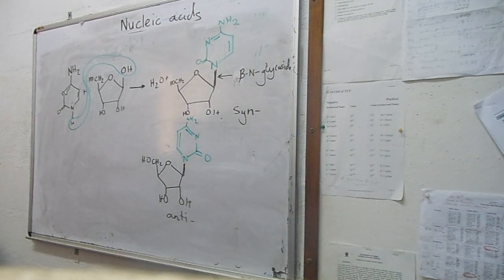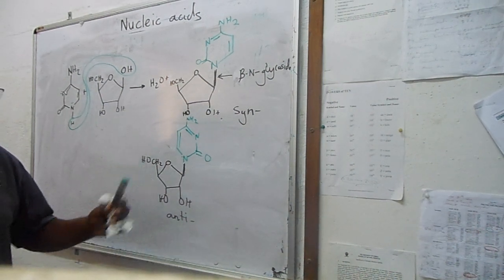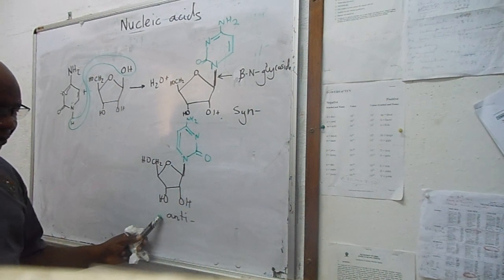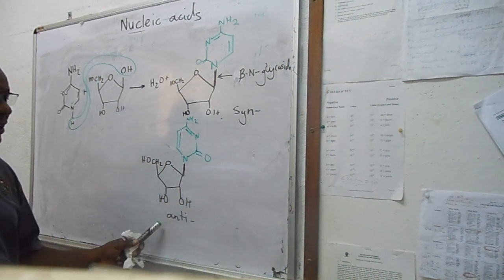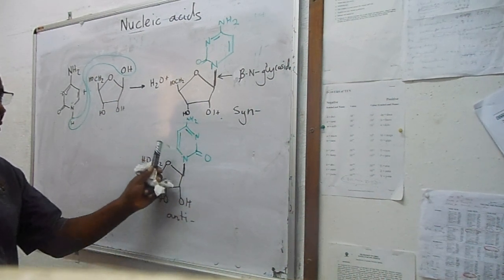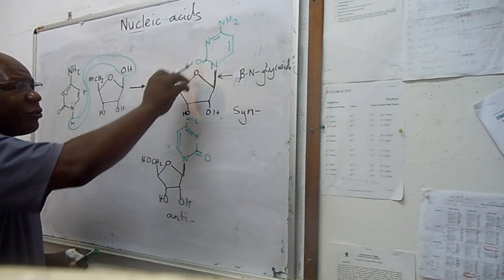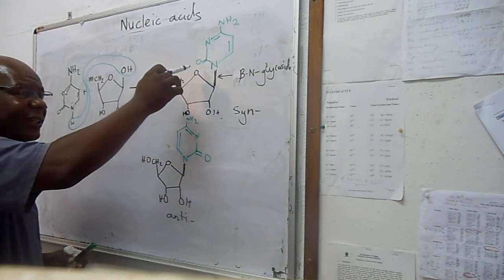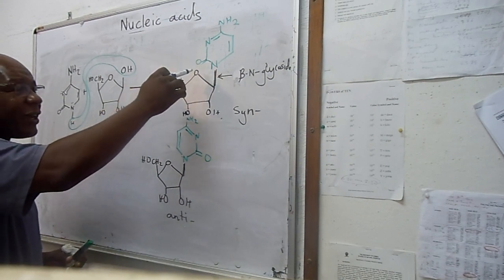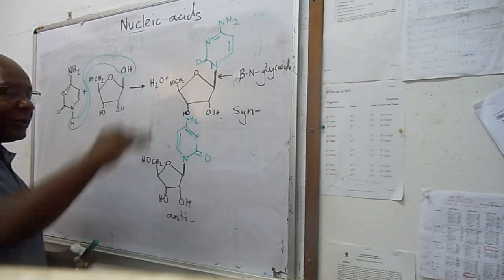Now the question that will arise is which one is common? Which one predominates? The one that predominates is the anti-configuration. In most cases you find the anti-configuration because it is more stable than the syn. Here, because of steric hindrance, or the steric effect, this will be a bit unstable.